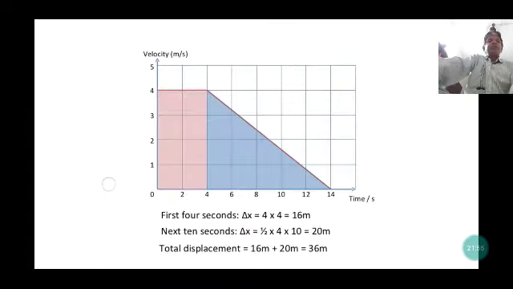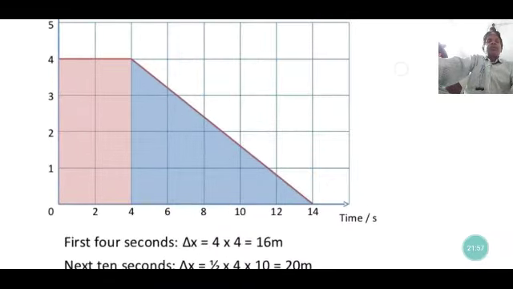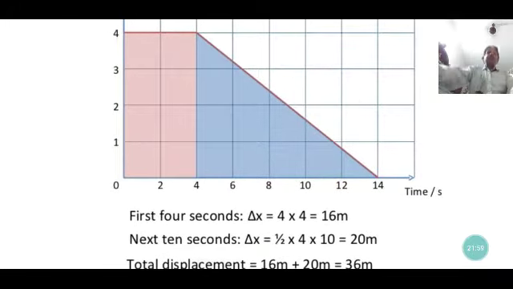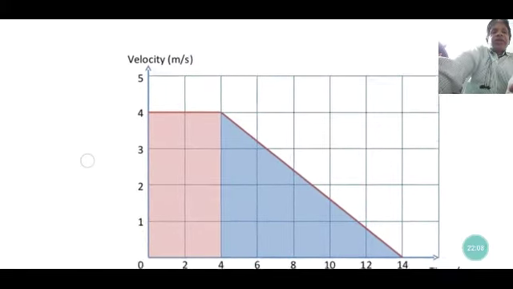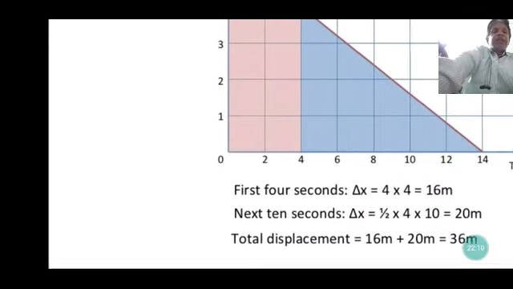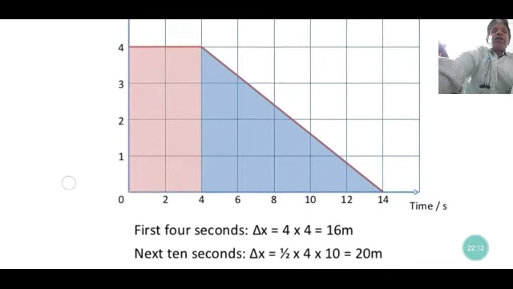Now, in another slide, it is also given how the displacement is covered. Look here. In this graph, it is also a velocity-time graph. Velocity is taken on the y-axis and time is taken on the x-axis.